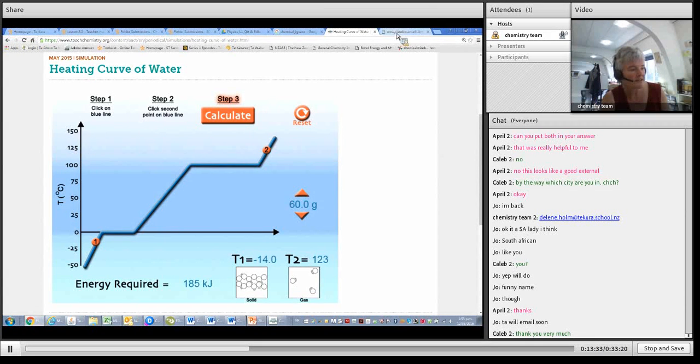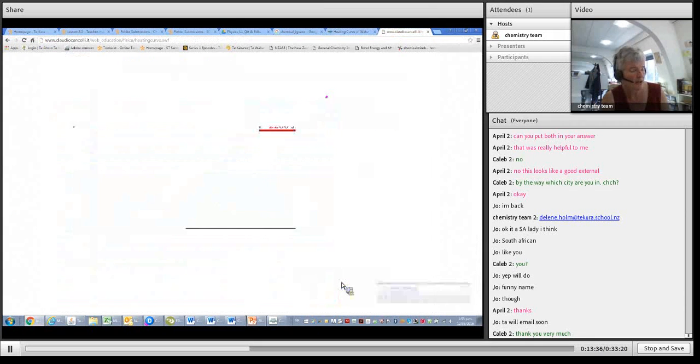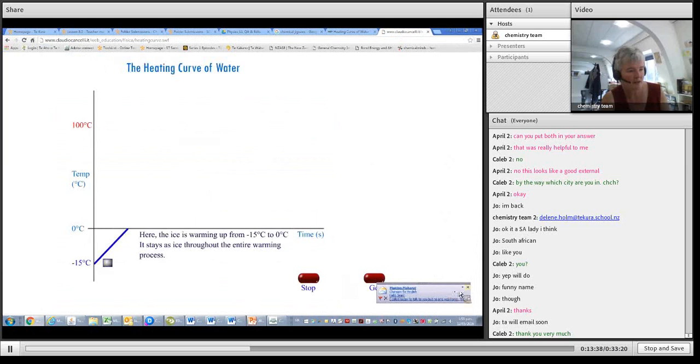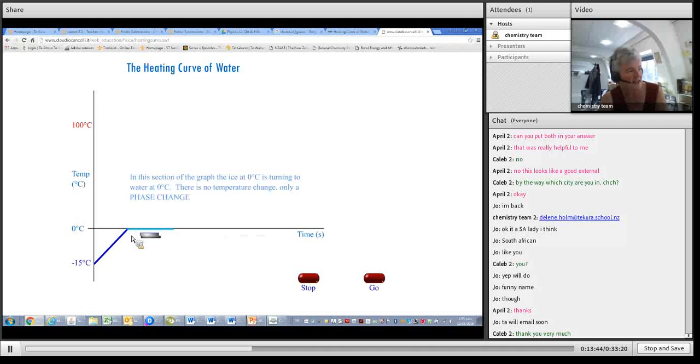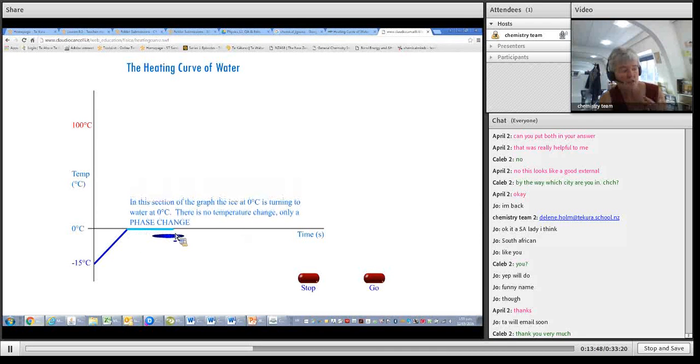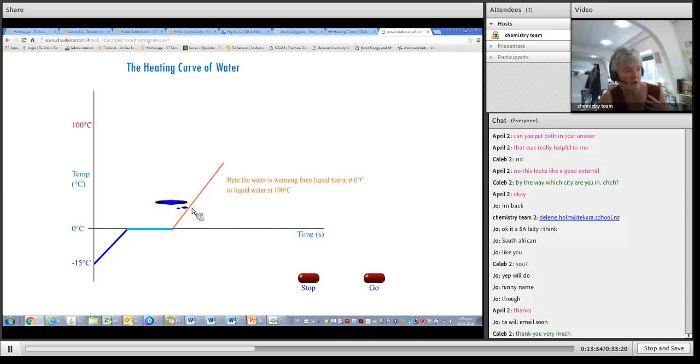The other one is this one. So I'm going to go here. So basically what's happening, we're heating the ice. So you can sort of see there that's how ice is being heated. Now all the energy is going into breaking some of those intermolecular forces. And then what's going to happen, I carry on heating, and that energy is going into kinetic energy.